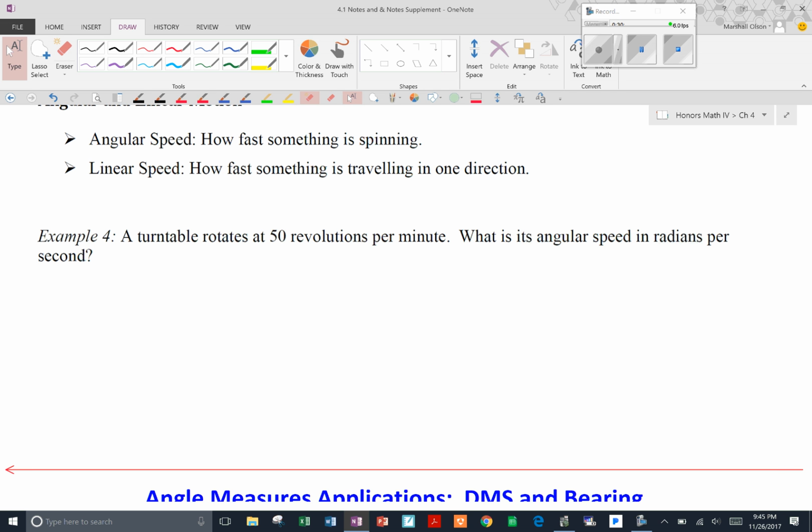If you read example 4 here, we're given that the turntable rotates at 50 revolutions per minute, and they want to know the angular speed. Doesn't sound like you're given enough information, but the important thing to know is there are 2 pi radians in 1 revolution.